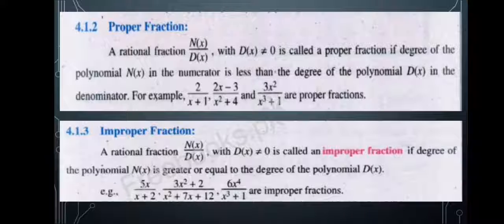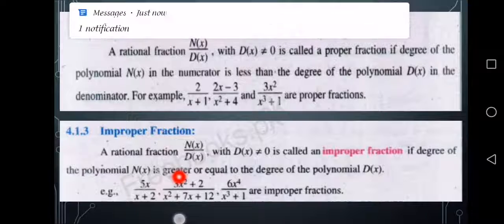Its opposite is the improper fraction. That is, first we discussed that if the numerator's degree is less than that of the denominator's degree, then the fraction is called the proper one. But if the polynomial in the numerator has greater degree than that of the polynomial in the denominator, then we consider it as an improper fraction. So a rational fraction N(x) by D(x) is called an improper fraction if the degree of the polynomial N(x), whatever polynomial is in the numerator, is greater or equal to that of the polynomial in the denominator.